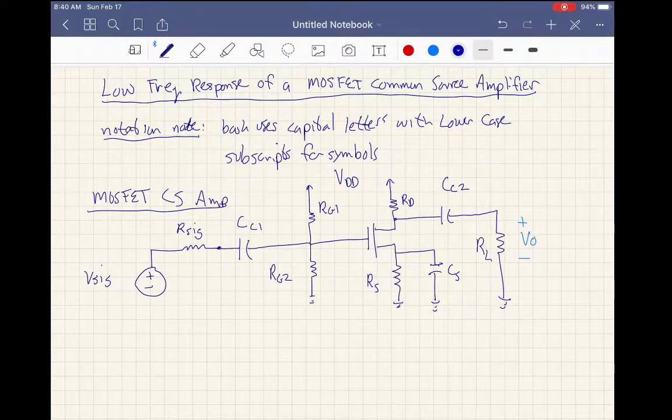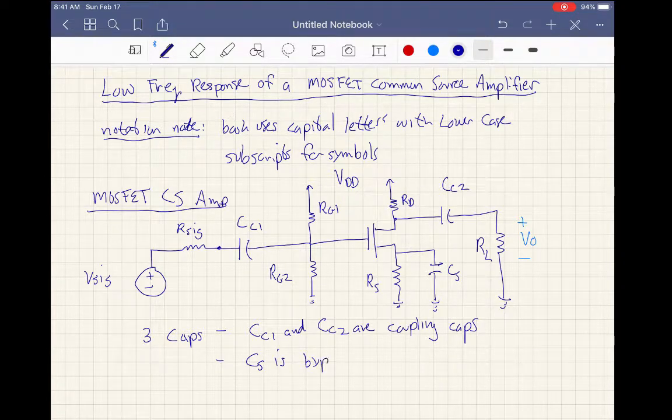Now at the mid-band frequencies, I'm going to write this down because this is important. Three caps: CC1 and CC2 are coupling caps, CS is a bypass cap.